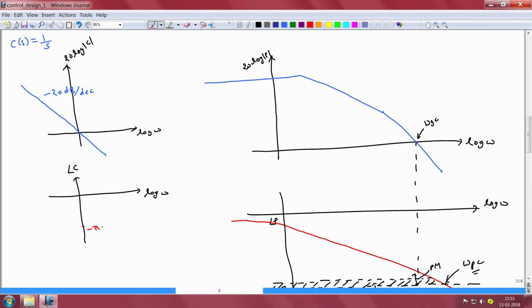So, minus pi by 2 at all frequencies. So, even in this case the phase is constant, but it is not equal to 0, but instead it is equal to minus pi by 2.